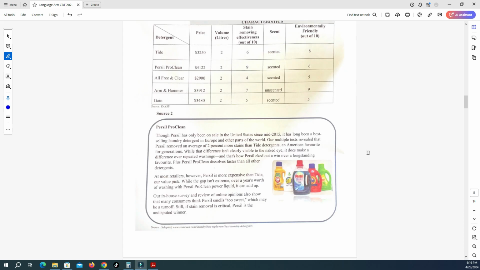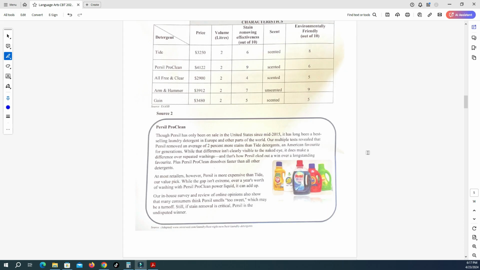While that difference isn't clearly visible to the naked eye, it does make a difference over repeated washings. And that's how Persil eked out a win over a long-standing favorite. Plus, Persil's Pro Clean dissolves faster than all other detergents.